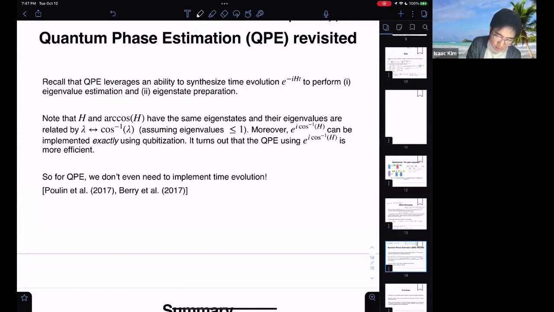Let me recall, in case you forgot, what quantum phase estimation does.